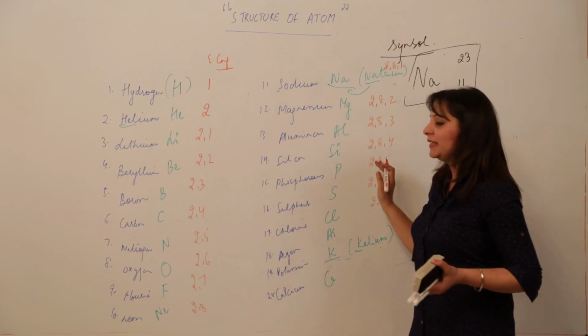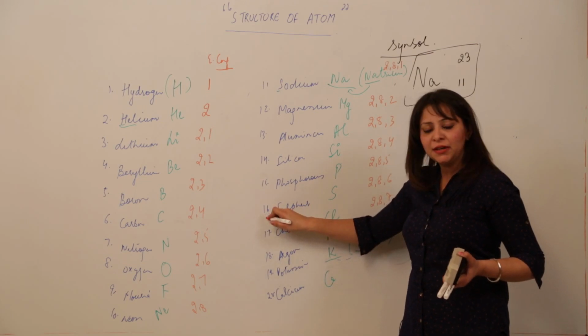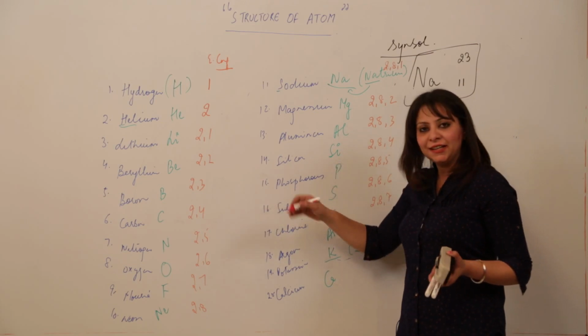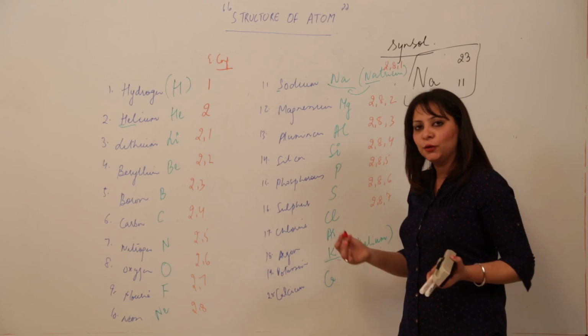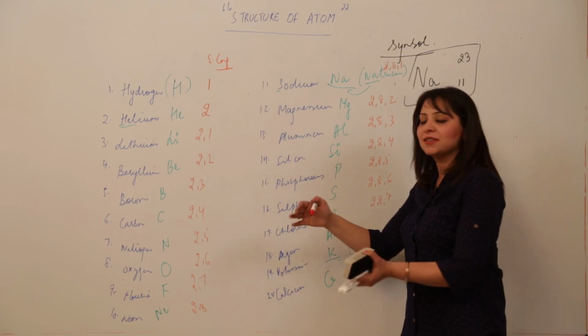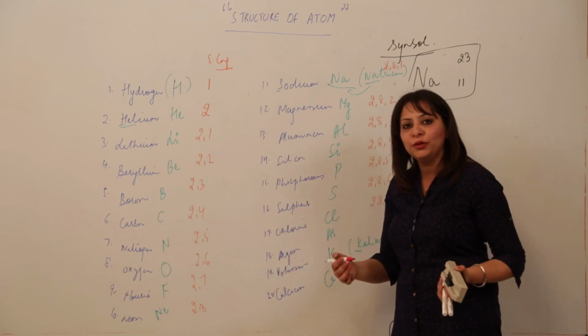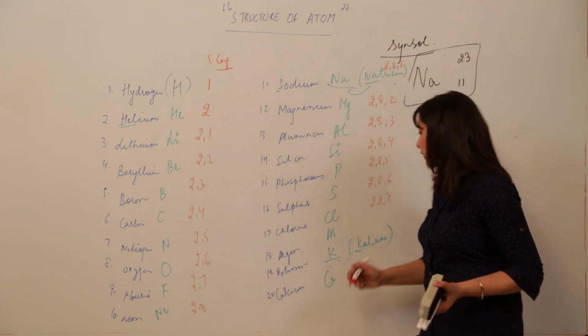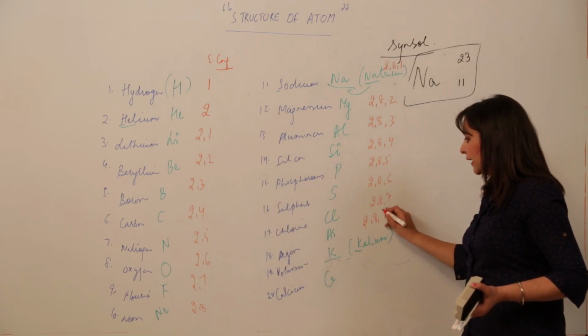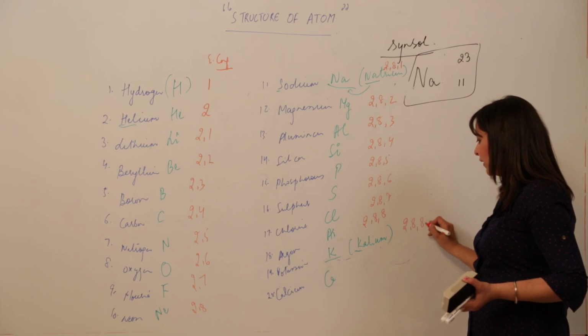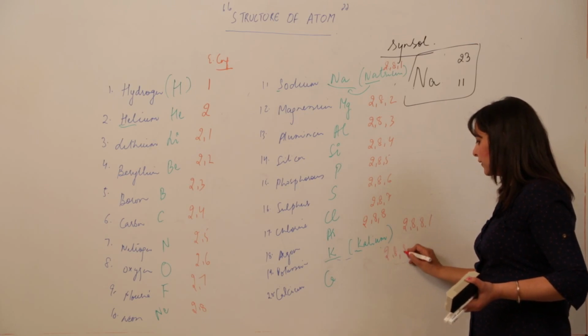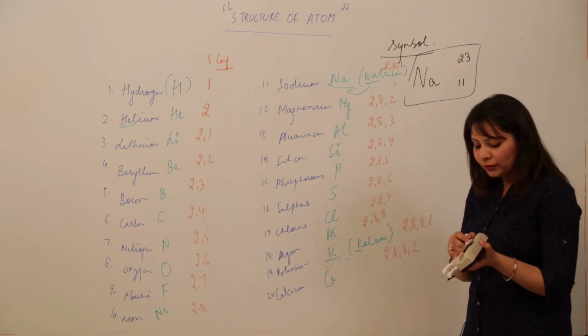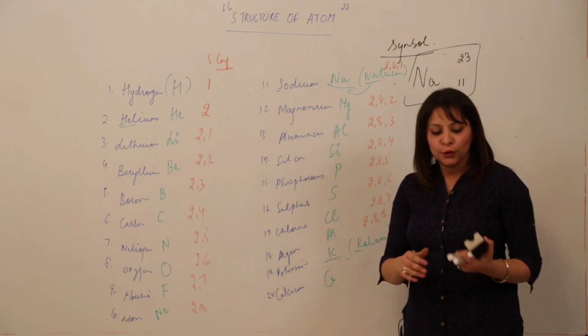I am just looking at the atomic number, considering it is the number of protons, which is equal to the number of electrons, and arranging according to the Bohr-Bury rule, that is 2n squared, that we did before. Similarly 2,8,8, 2,8,8,1 and 2,8,8,2. I hope you get how to write the electronic configuration.